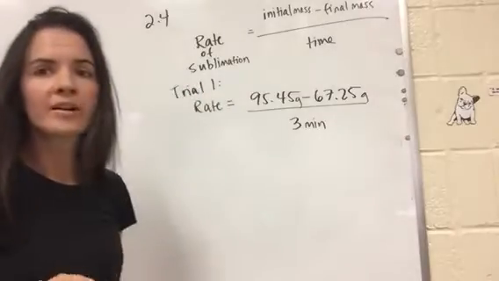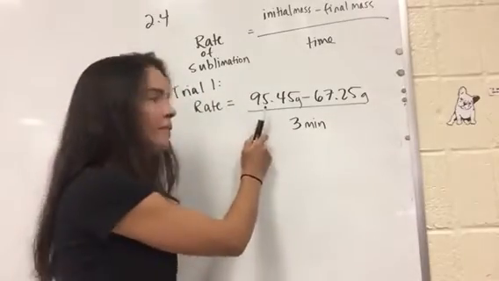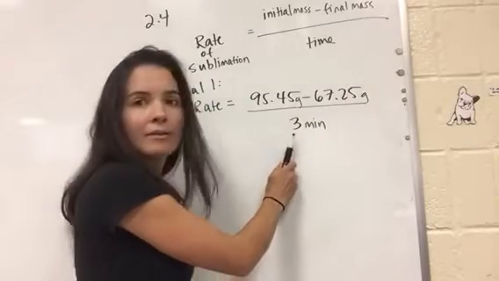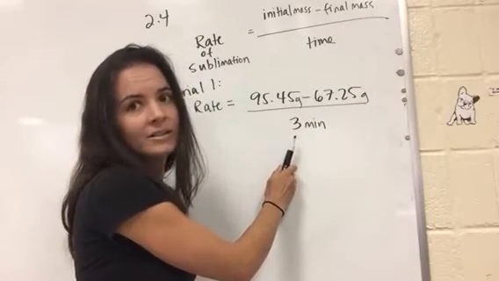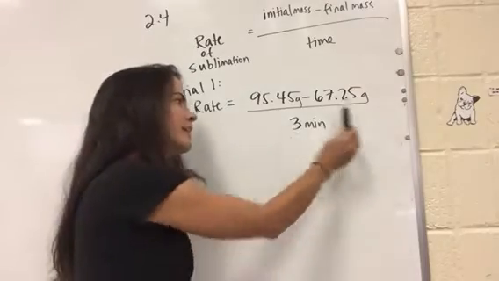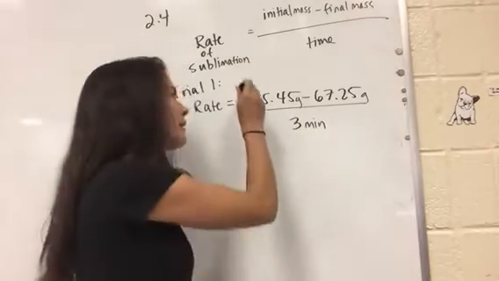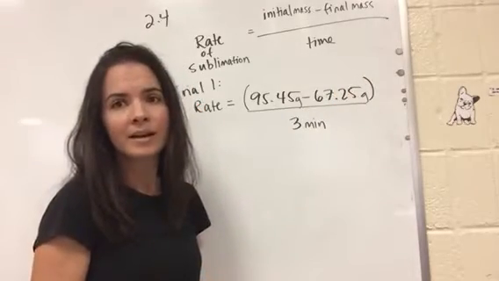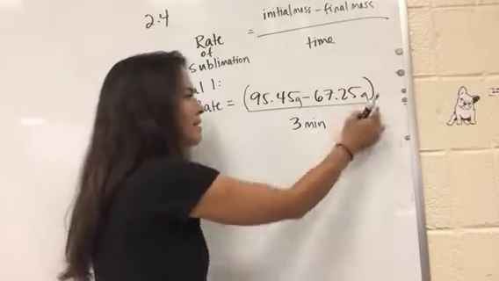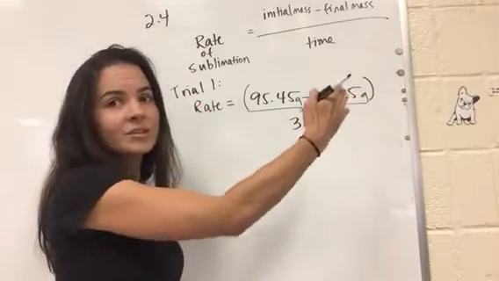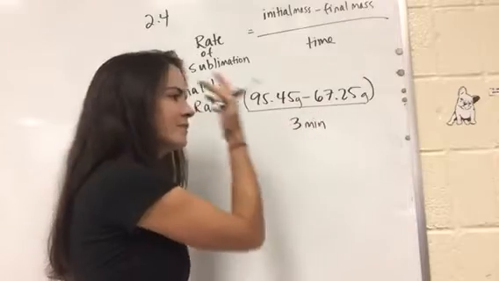Okay, so if you put in your calculator 95.45 minus 67.25 divided by 3, you're not going to get the right answer. Why? Because remember, when it's written like this as a fraction, you have to first do what's on top and then divide it by what's on bottom. Okay, so there's like parentheses here. Even if you don't see them written, they're there. So you have to do that first and then divide by 3.